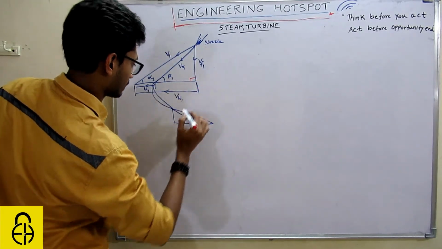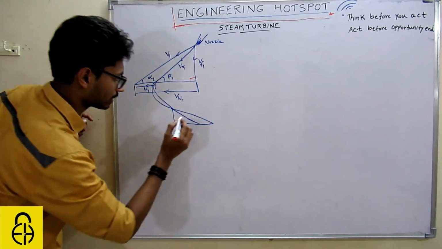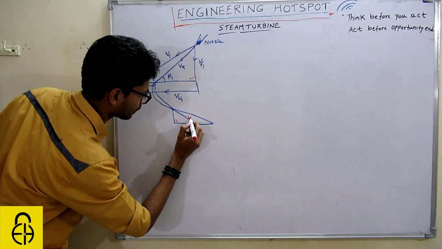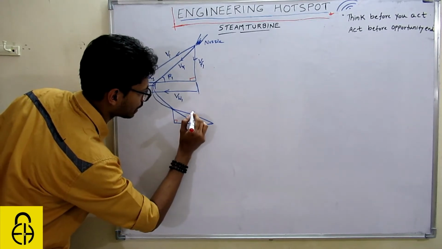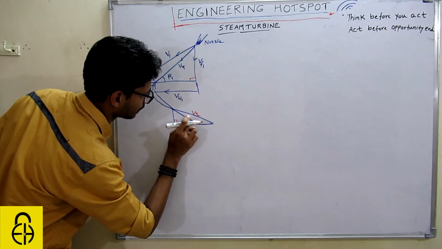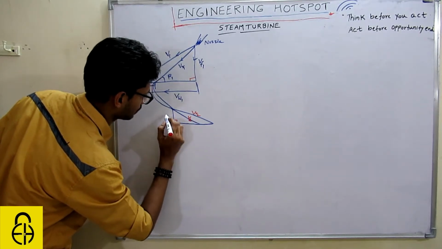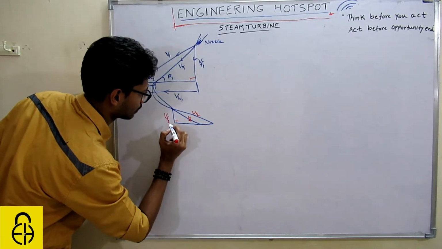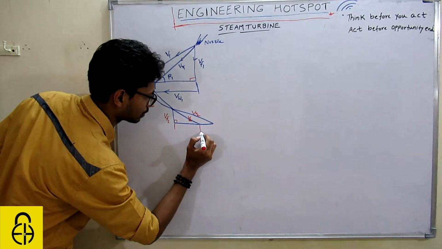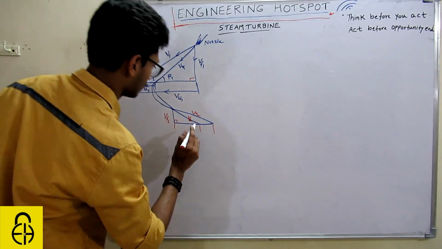This is 90 degree. This will be your VR2, this will be your V2, and this will be your VF2. This is VF2, this is V2, and the direction will be in this way.